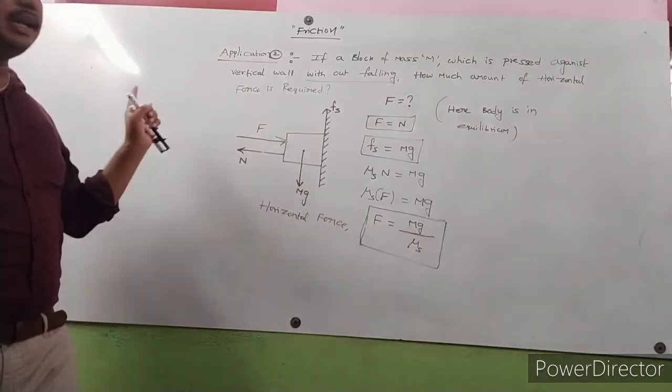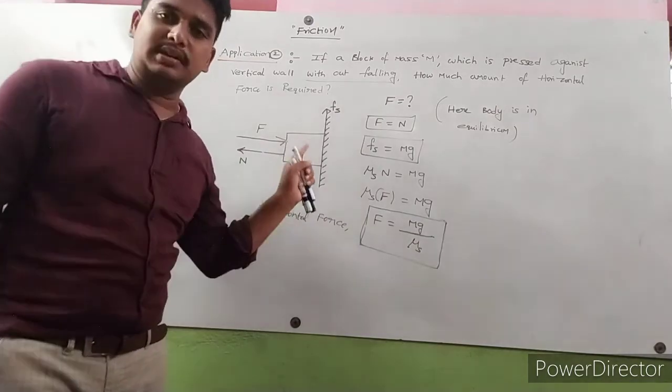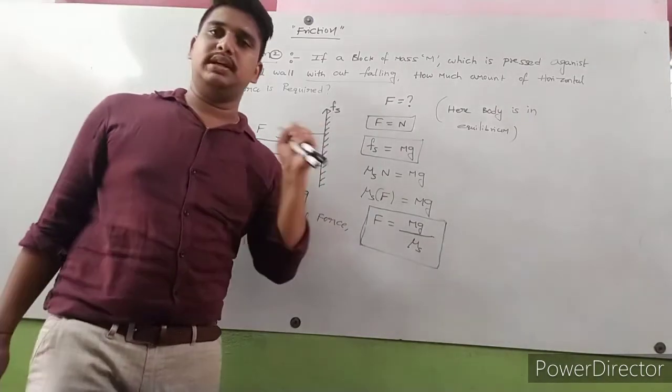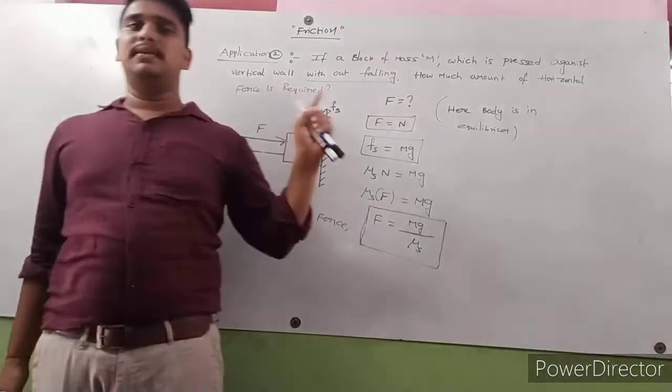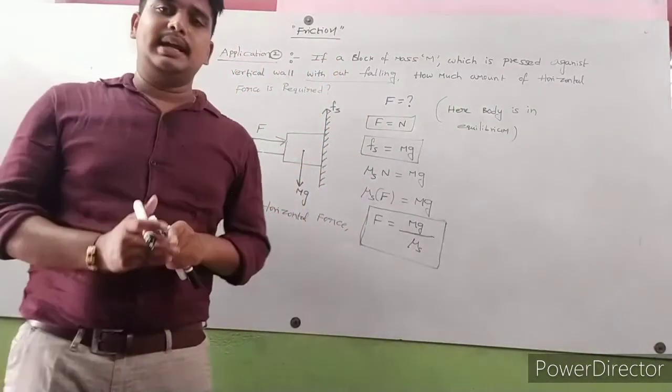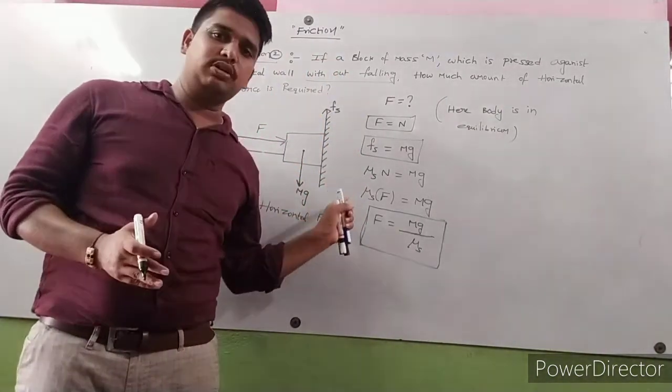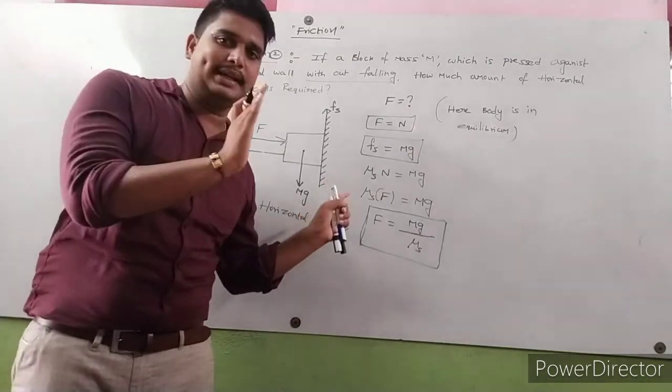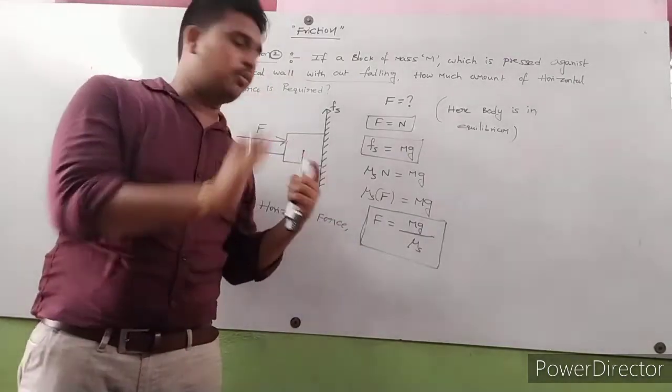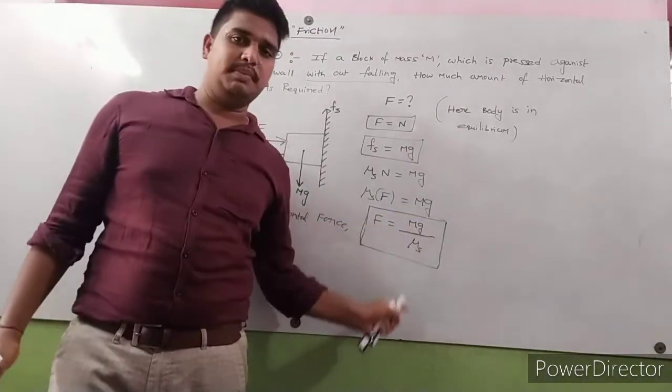So this is a very important application. Based upon this application we are solving some numericals. Please observe carefully. Whenever a vertical wall is there, the horizontal force required to press a block against the wall is F equal to mg by mu s.